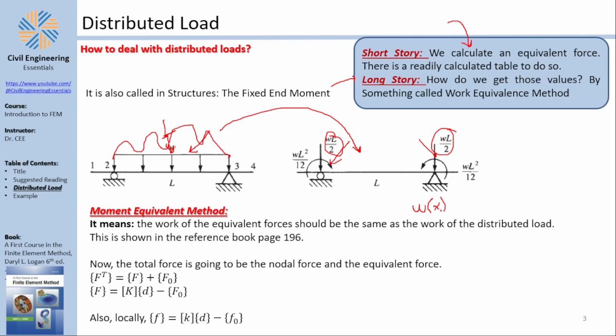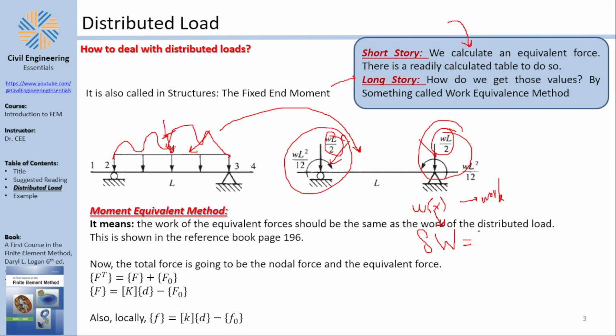You have a load W of X, and this load will cause work. So you have to calculate how much deflection you have and so on. The integration of all the work, W capital, made by the load W small must equal the work done by all those forces because of the conservation of energy and work.